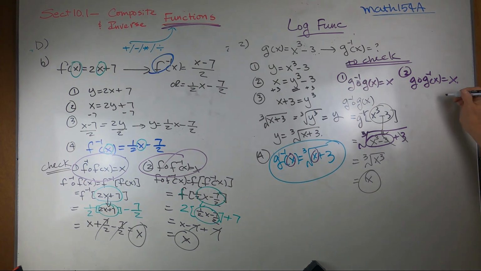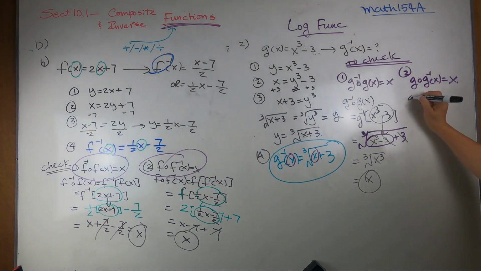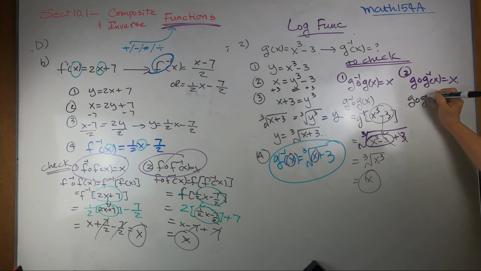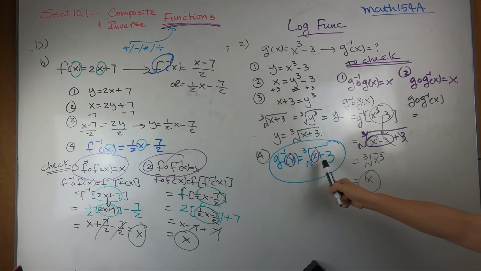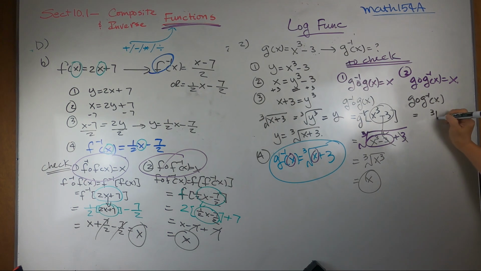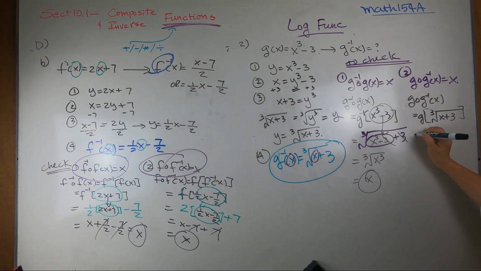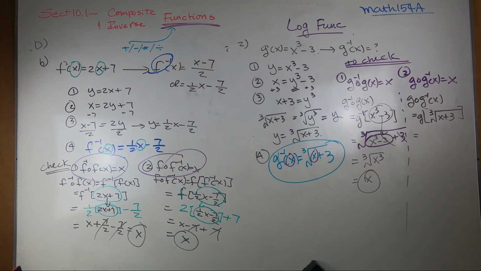Okay? Then for this one, let's see, g of G inverse of x, you will do inverse first. That's this guy. Inverse of x would be cube root of x plus 3. Then you put into G. Then what does G say?